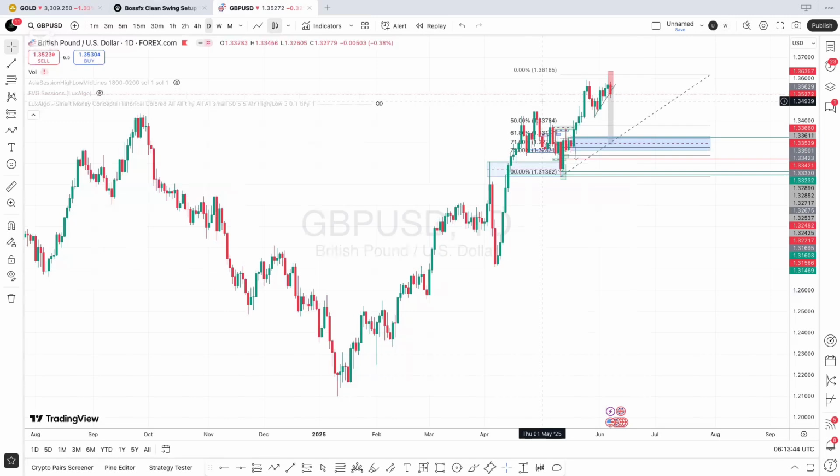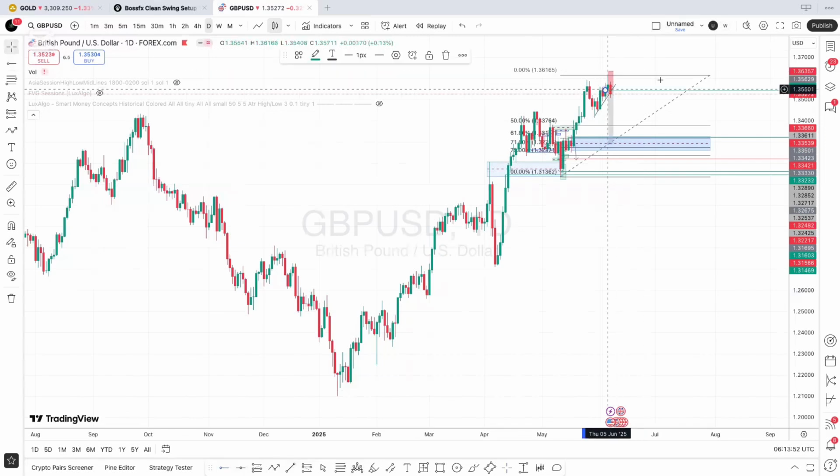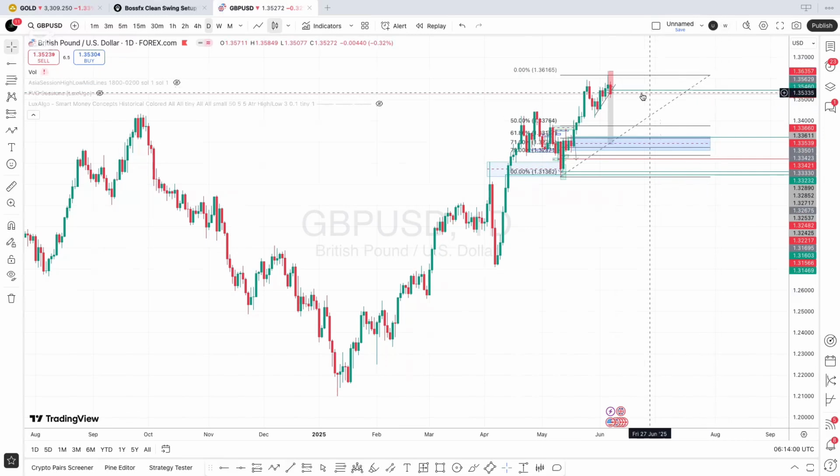So if there will be any movement at all, let's say something up to this zone for entry, there will be some pullback. That'll be at 1.35460. You can take this as your POI, your point of entry.